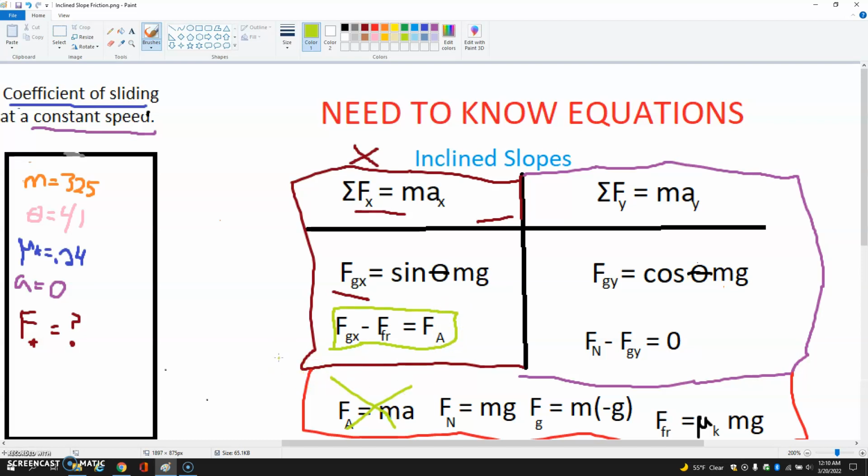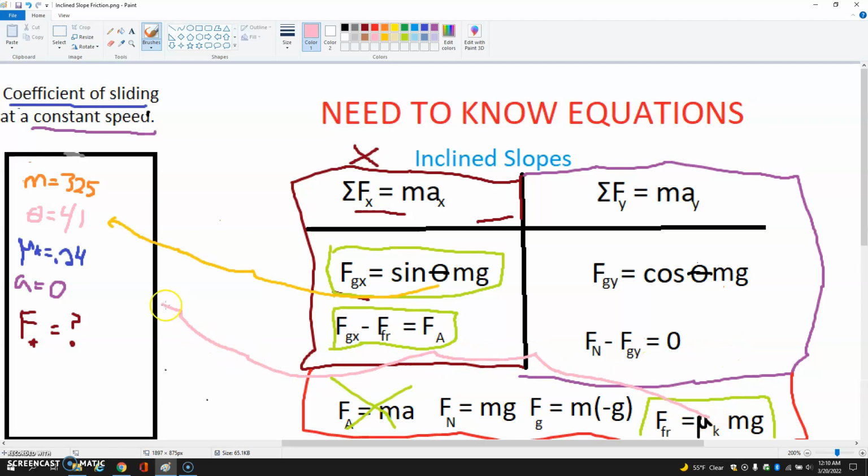So that means that we also have to use the equation for friction and the equation for force of gravity X. And it just so happens that we have the angle, we have the mu sub k, and we have the mass.